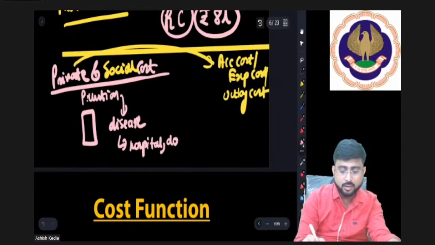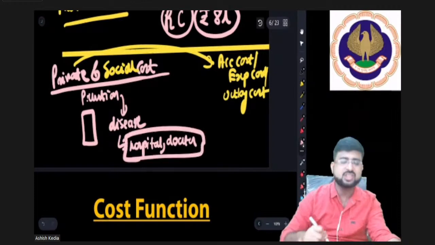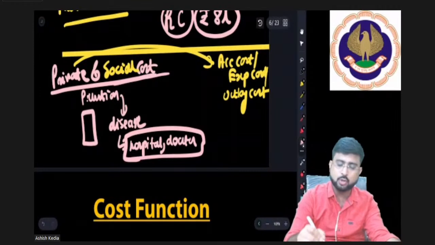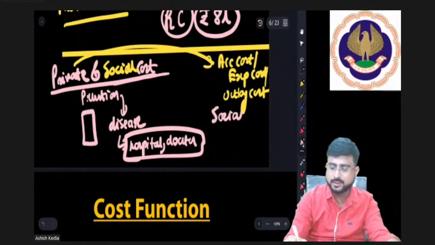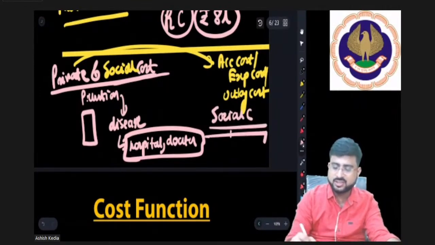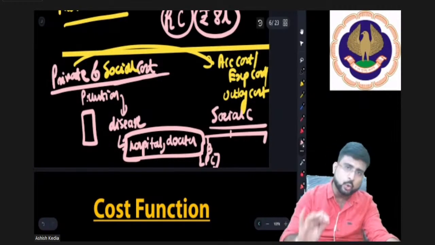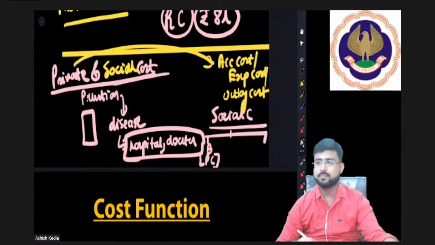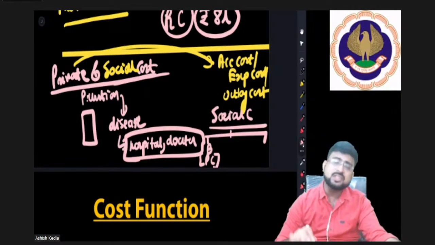So my dear friends, when you incur costs like this, which the society has to bear, that's social cost. Social cost includes two things. Number one, the cost that the business is incurring, that is private cost. So private cost is included in social cost.